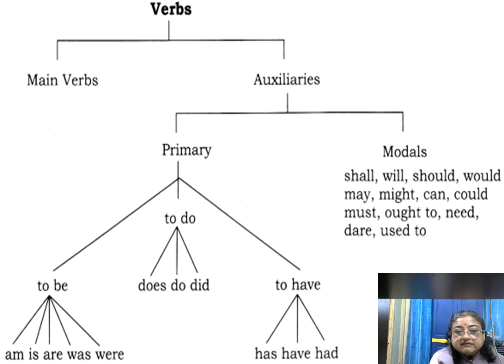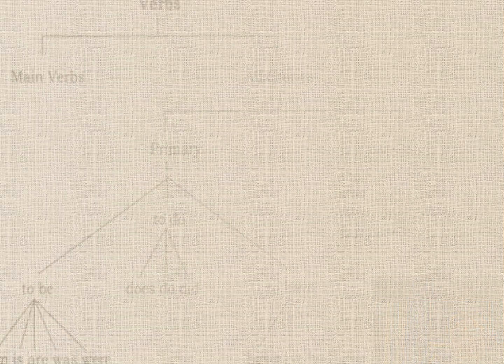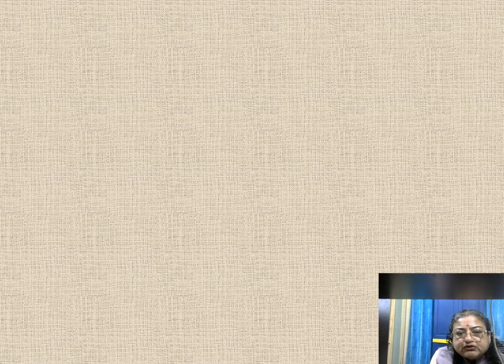You have to study step by step. All at a glance, you cannot study all of it. Then you will be confused and you cannot use it properly in English. So today we will study main verbs and auxiliaries.